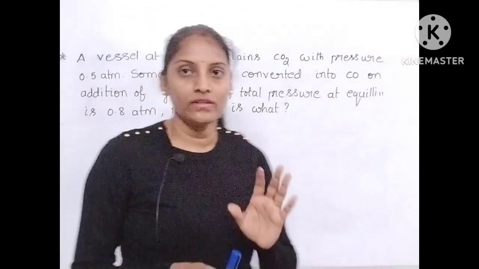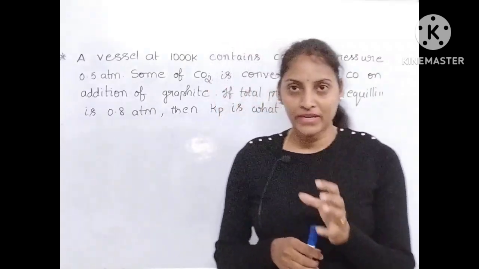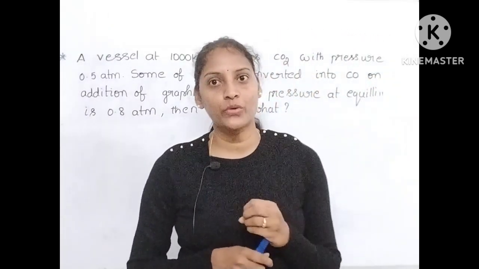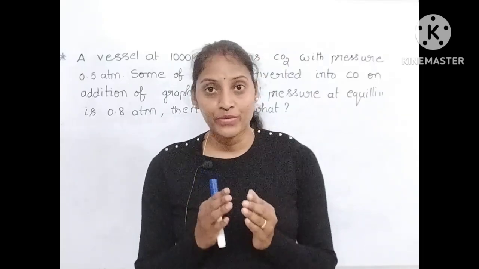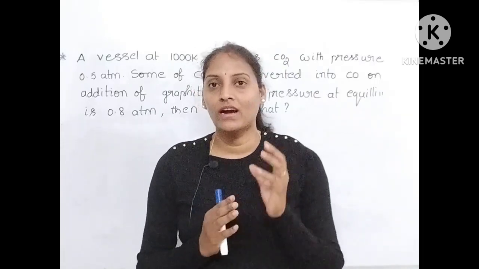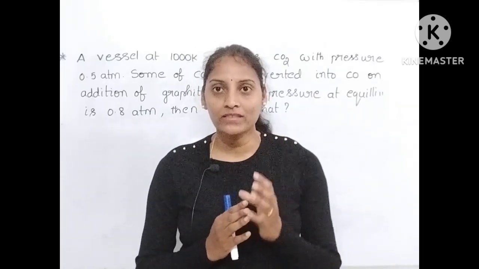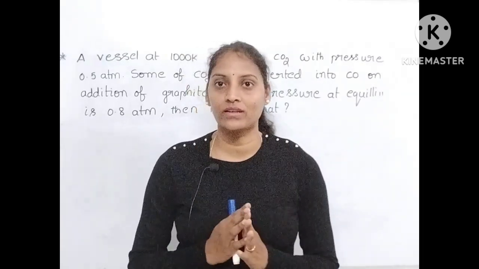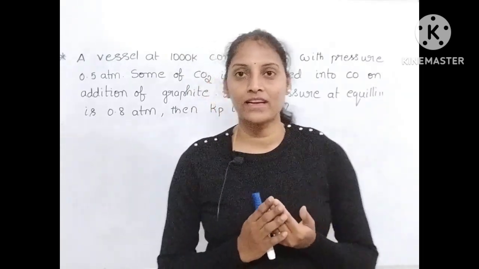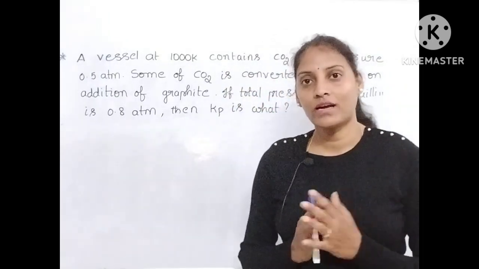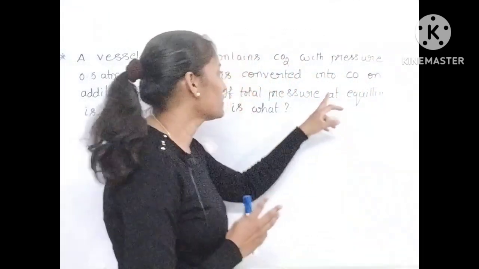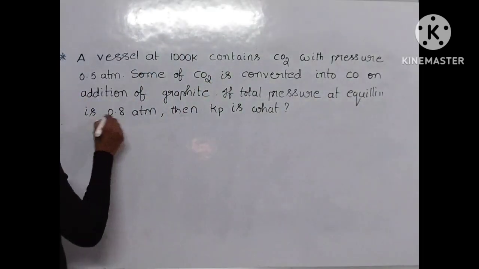In this question, a vessel contains carbon dioxide gas at an initial pressure of 0.5 atm. The temperature is 1000 Kelvin. After some time, if you add graphite, that means carbon in the form of graphite, to that vessel, then carbon dioxide gas is converted into carbon monoxide gas. At that time, the equilibrium pressure is 0.8 atm.